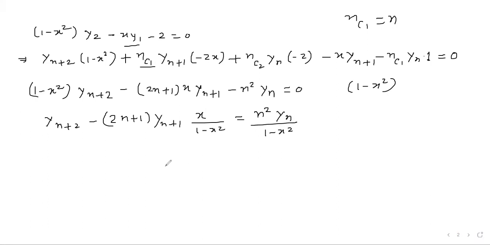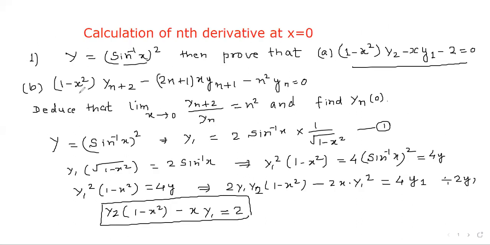Now here we can put the limit. Let's write when x tends to 0. In that case, the limit as x tends to 0, we are going to do this portion. So the limit as x tends to 0 of y(n plus 2) divided by yn equal to n square.